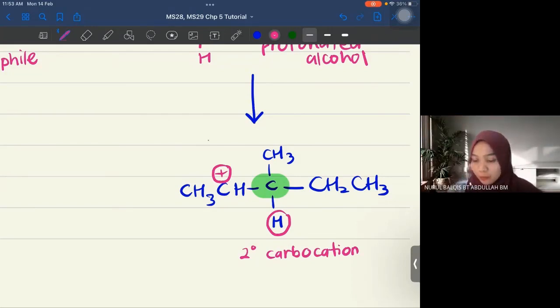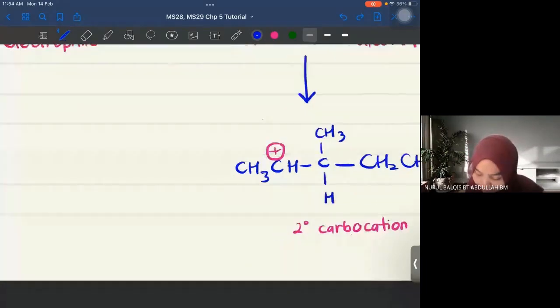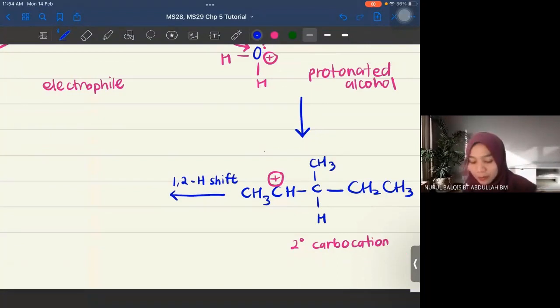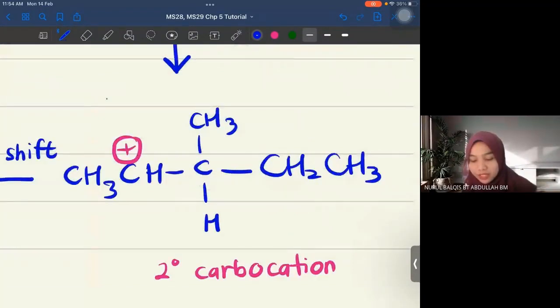So kita akan buat what kind of shift in here? What is the name of the shift taking place? 1,2 hydride shift. Yes, kita ada 1, 2. This 1, 2 indicates they are adjacent to one another. They are next to one another. Then we have this hydride belongs to H shift. Kena tulis, bukan tulis saja, kena show how are you going to transfer, maksudnya to rearrange them.